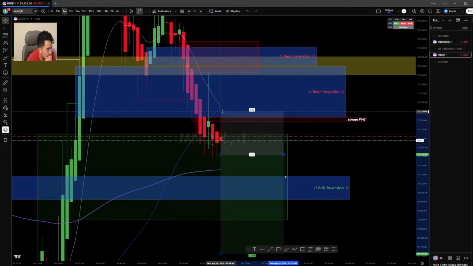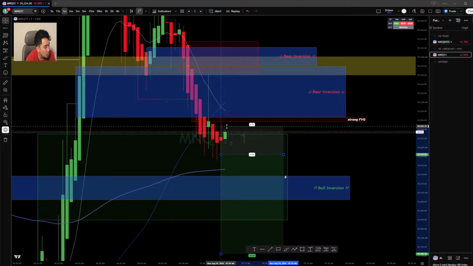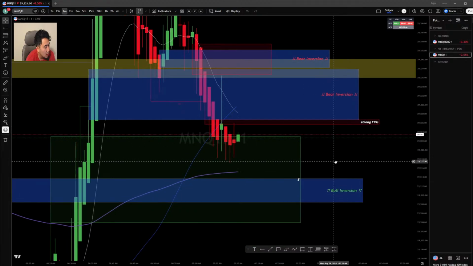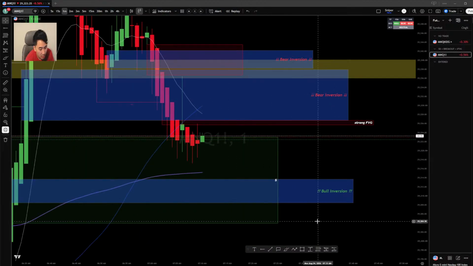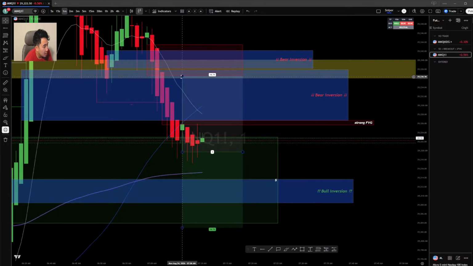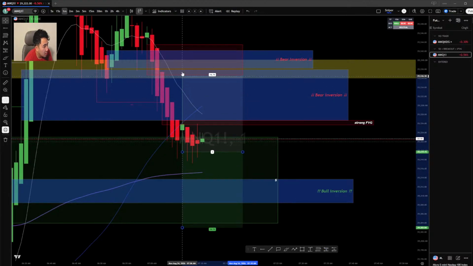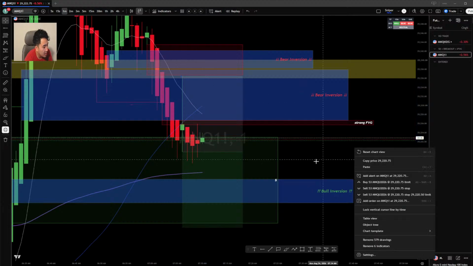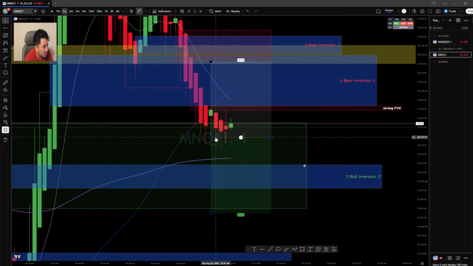So the entry would have been like right here. So price pulled back into the bearish inversion, came back down.